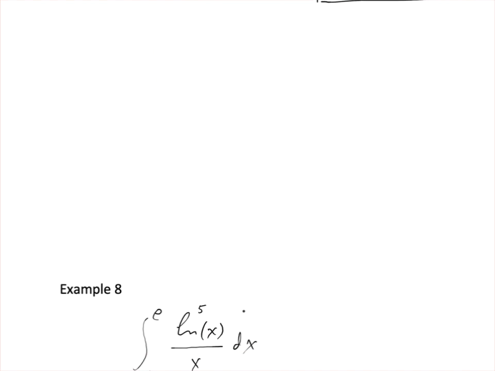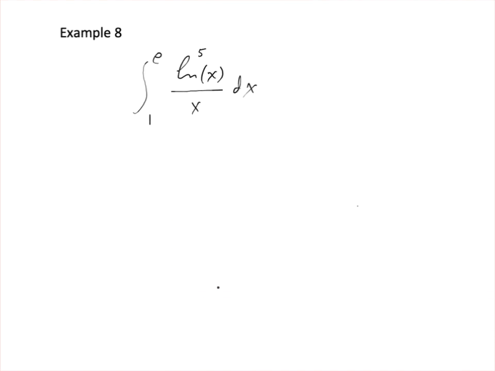So now let's look at one more example. So here, the integral from 1 to e of ln to the 5th power of x over x dx. So here I'm going to let u be ln of x. And the reason for this is because I know the derivative of ln of x is 1 over x, and that's where the 1 over x is.